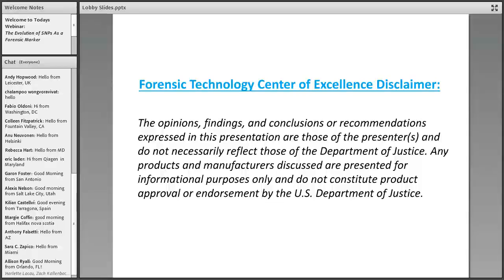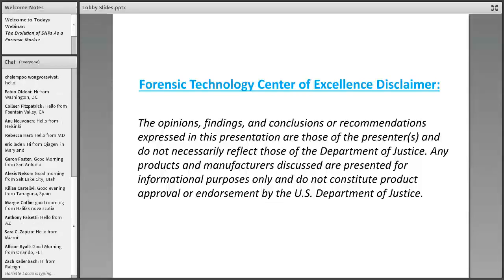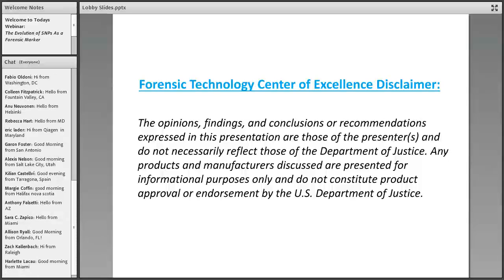The thought behind today's webinar is to give attendees an idea of how the concept of SNPs as forensic markers has evolved over the past decade, thanks to the new knowledge that's been generated by the scientific community, and also thanks to the new technologies that have been developed.